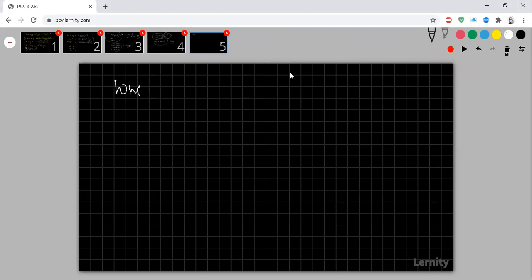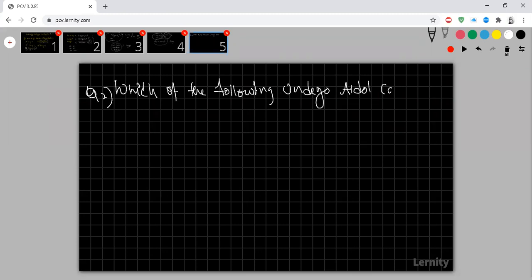So the next question, question number 2: which of the following undergo aldol condensation reaction? Okay. So the first one is formaldehyde. The second one is benzaldehyde. And the third one is Me3C-CHO.